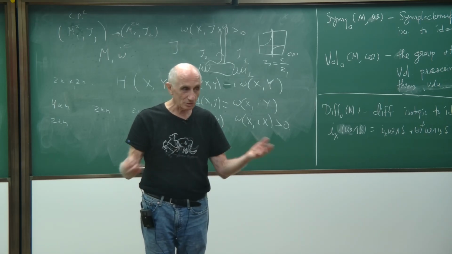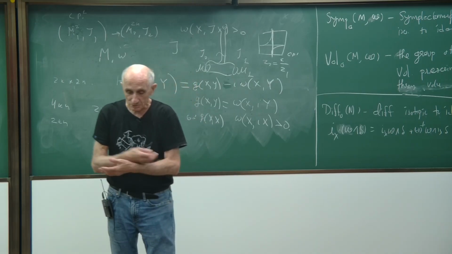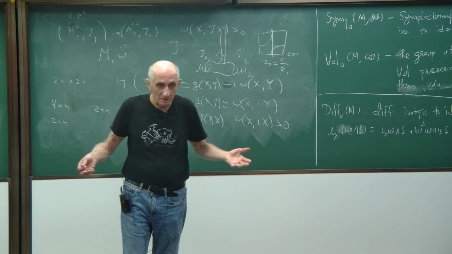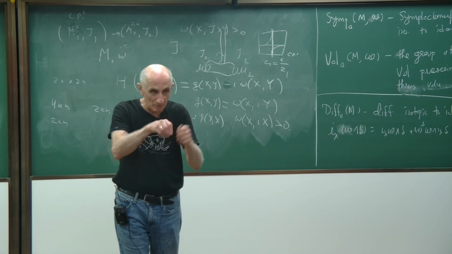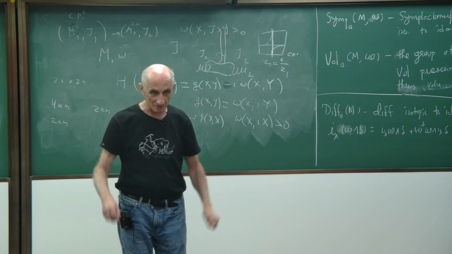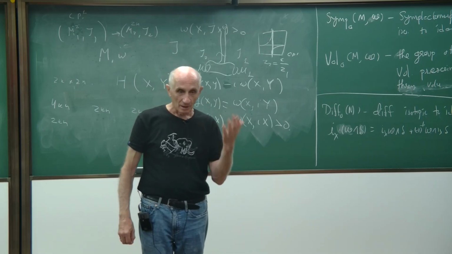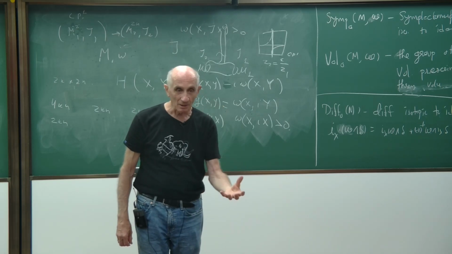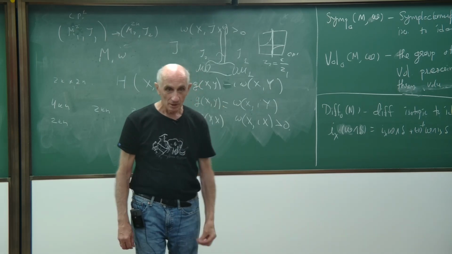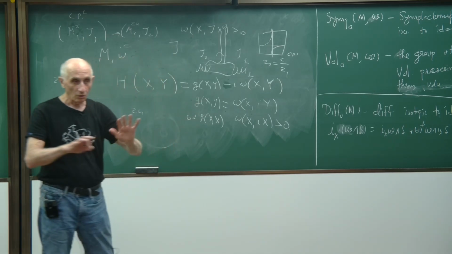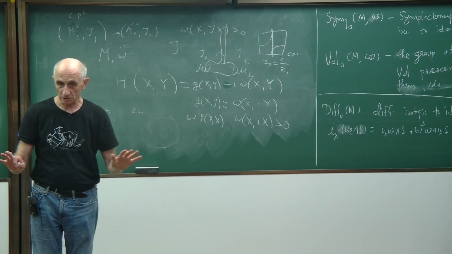So you have a sequence of holomorphic curves, and who can tell you what the area is? Maybe they become wild and the area goes to infinity. But here comes the symplectic form. So far all this has had nothing to do with symplectic geometry.